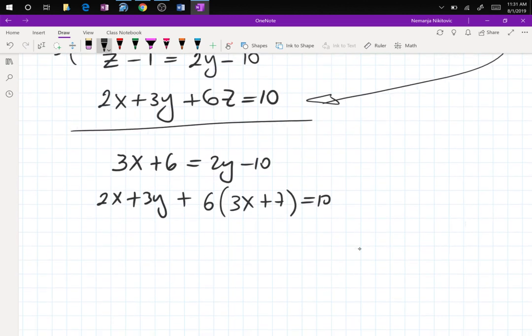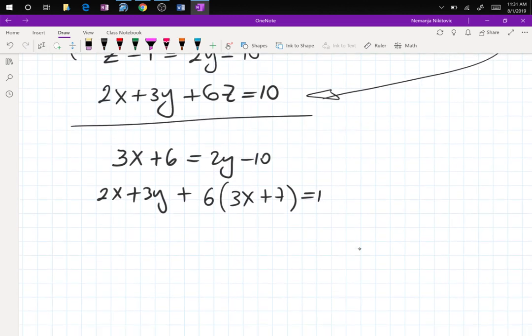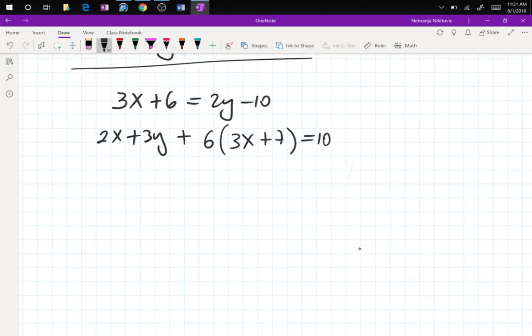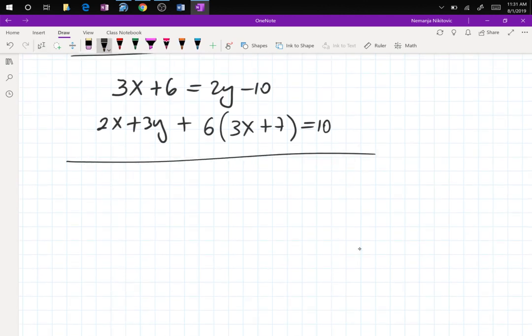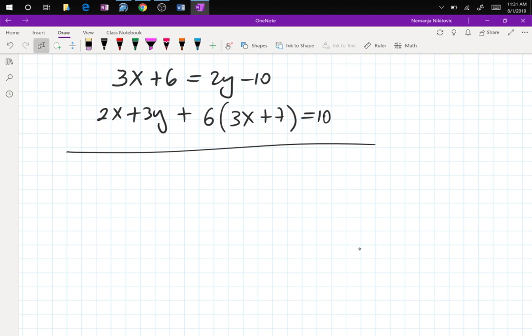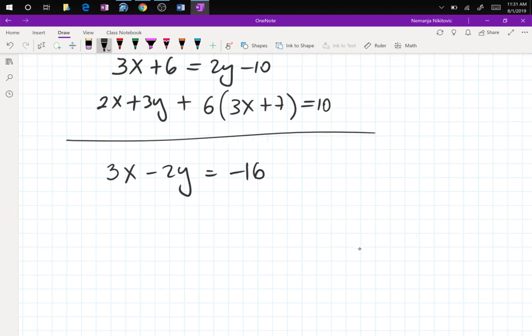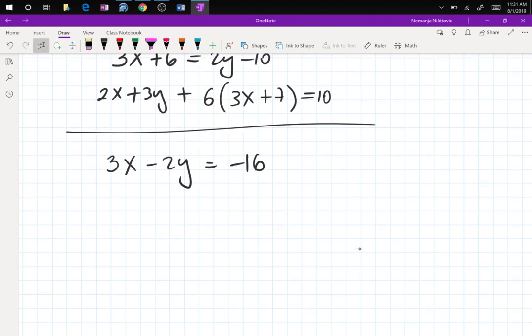And we are down to two equations, two unknowns. Move everything to the left in terms of variables. So 3x minus 2y is equal to negative 16. And simplify the one on the bottom.